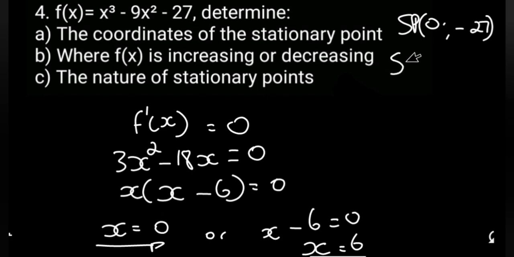For another stationary point, if you substitute 6 into this function, let me punch this on the calculator, 6 cubed minus 9 times 6 squared minus 27, you're going to get negative 135. So it's 6 paired with negative 135. These are the stationary points.